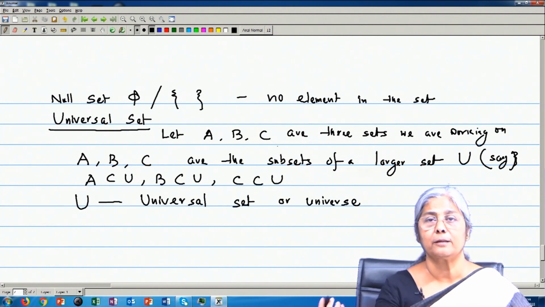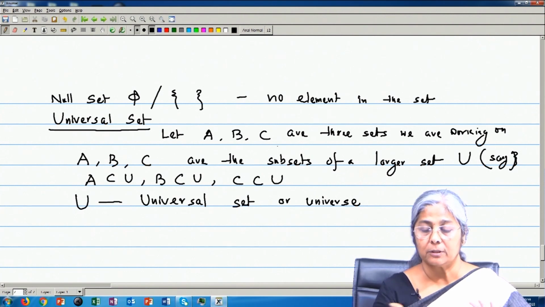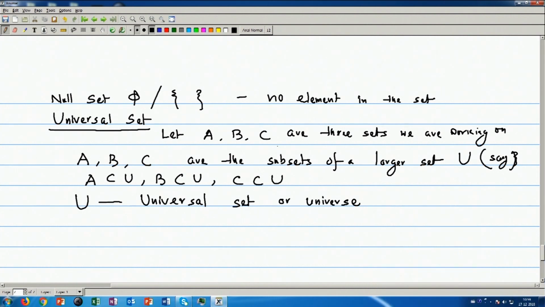Instead of these 3, there can be any number. So, the larger set of which the sets are proper subsets, we call the universal set.